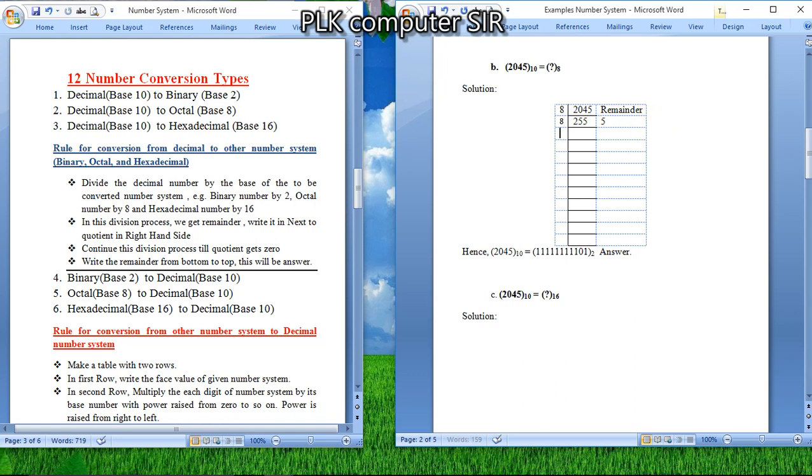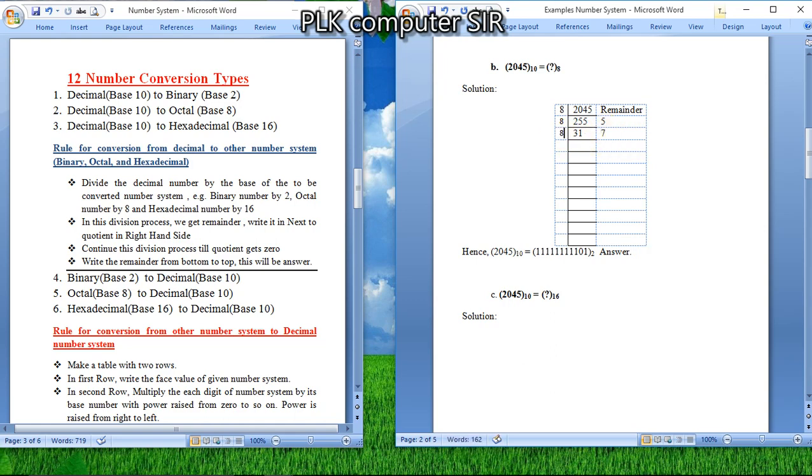Again by 8 we have to divide. 255 divided by 8, the answer is 31.88. We don't need this decimal portion. What we have to do? 255 minus 8 into 31. So 7 is the remainder, because the greatest number in the octal number system is 7.